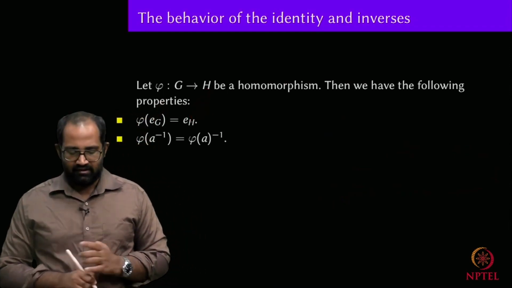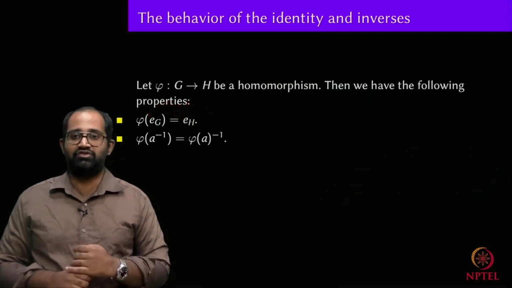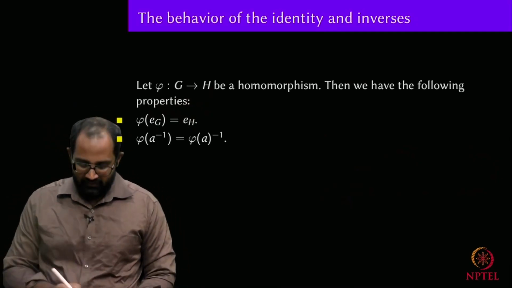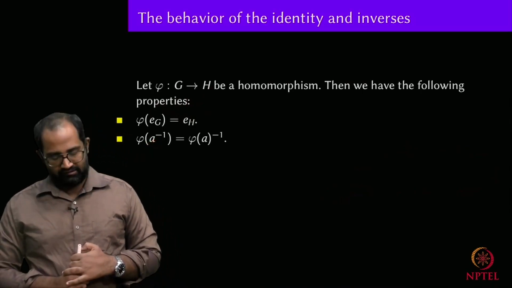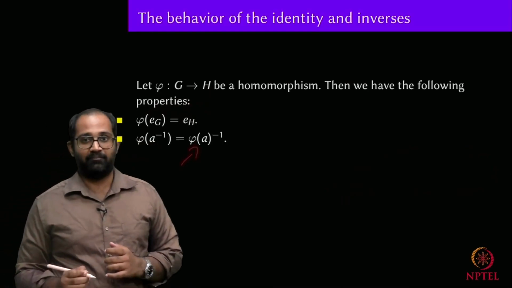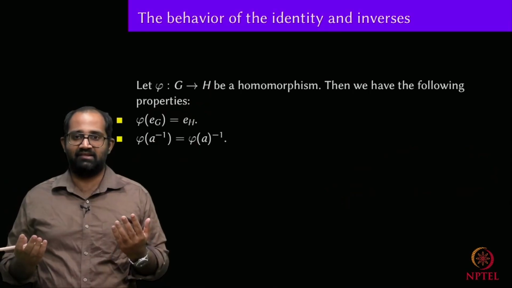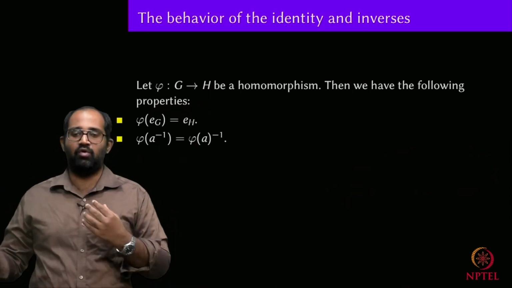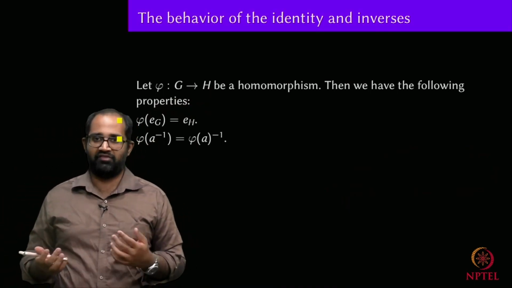What this says is, the homomorphism must necessarily take the identity element of G to the identity element of H. In a similar way, a homomorphism is going to take the inverse of an element A in G to the inverse of phi of A. This is what you would expect from an isomorphism, because the multiplication tables are exactly the same. Identity must go to identity and inverses must go to inverses. This you will expect in an isomorphism. In fact, it is true in a homomorphism also.